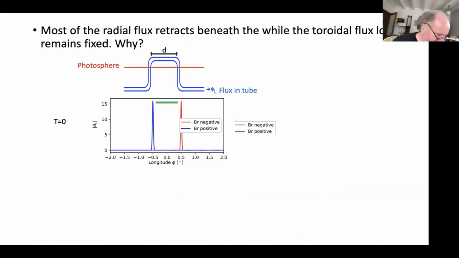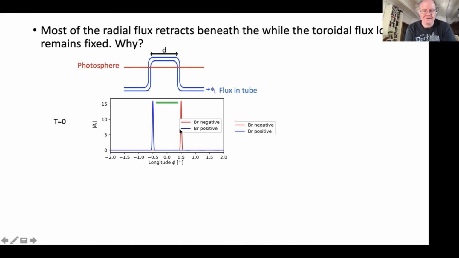It's interesting to note that after emergence, most of the radial component of the flux is going to disappear. If we look at a certain time, we have a radial flux coming up from the surface of the sun.